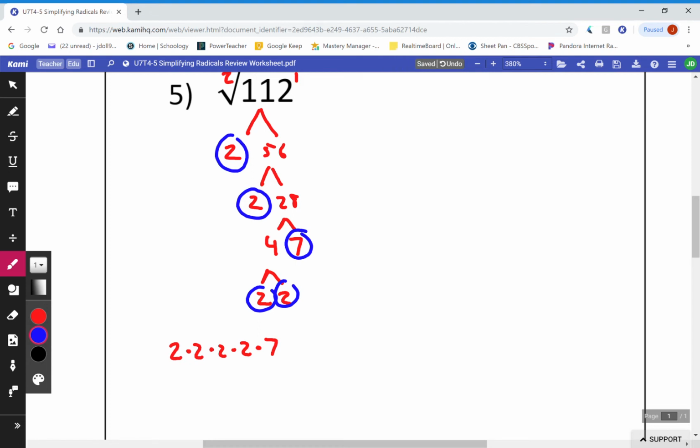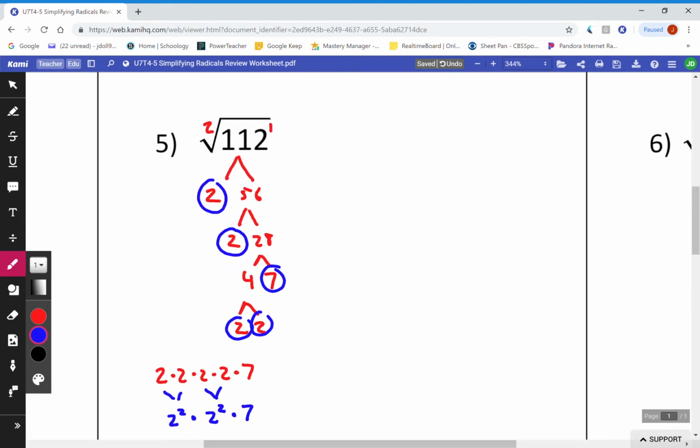Now what we should notice here is that these 2 factors can be written as 2 to the 2nd. These 2 can be written as 2 to the 2nd, and then the 7. So what we now have are 2 factors of 112 which can be written as a number squared. Notice the exponent down here is the same as the root.